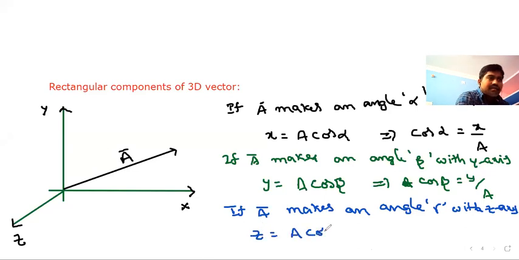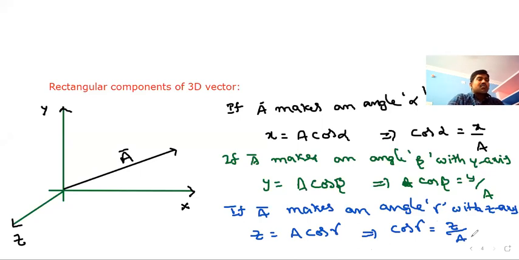A cos gamma. Total vector into cos component only, cos gamma. So according to this, cos gamma can be written as z by A. So this is the information we can write. These are the components you can write.